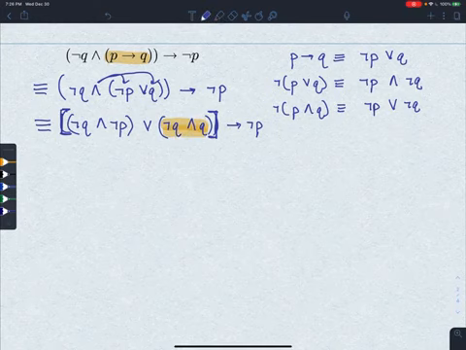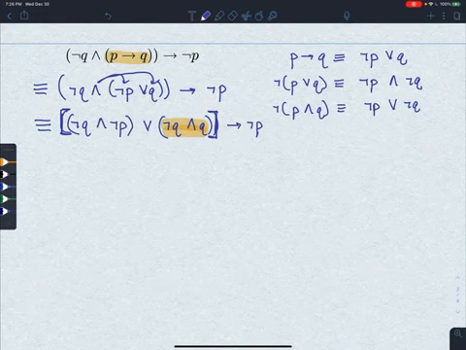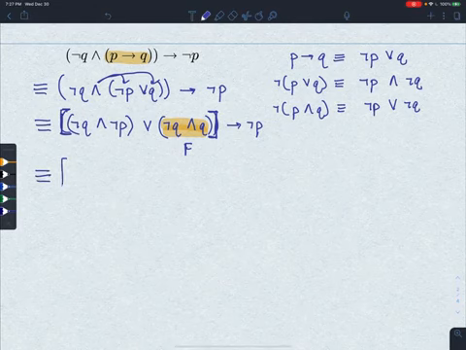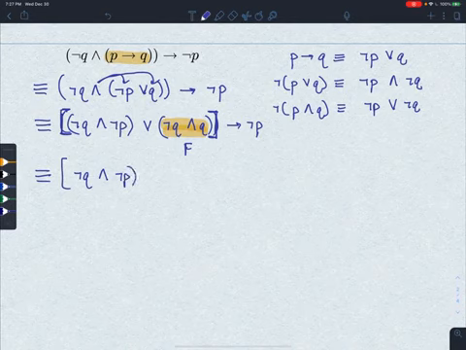Now, I see here that I can simplify this one. I have negation Q and Q. That's a compound statement that can never be true, because a negation and a statement can never be true at the same time. So this gets replaced with an F. I'm going to copy this all down: negation Q and negation P, or false.